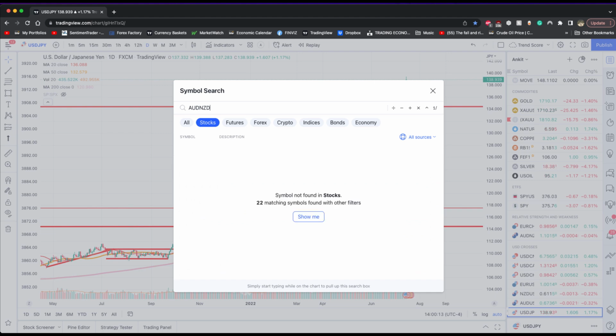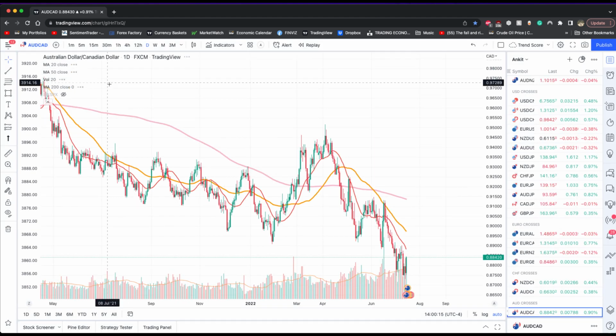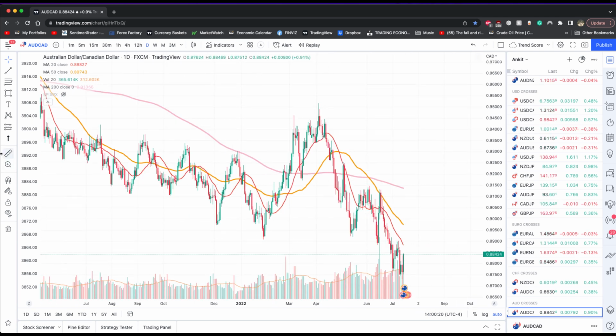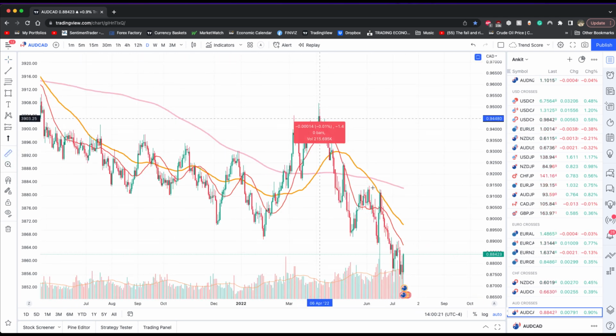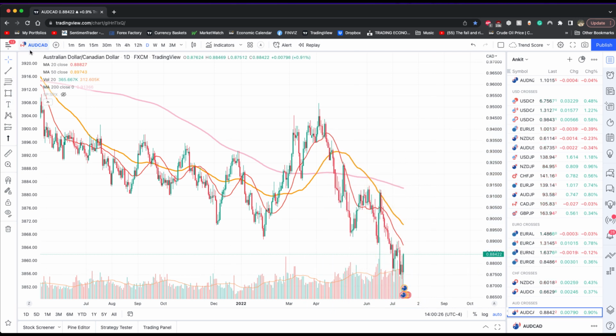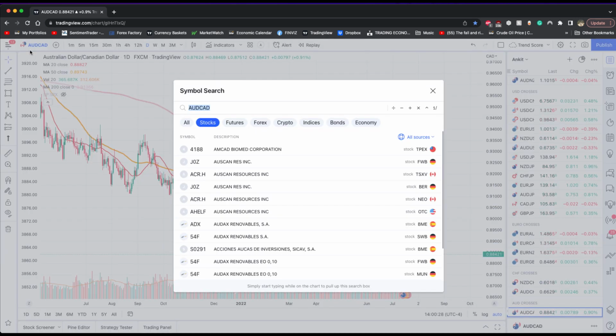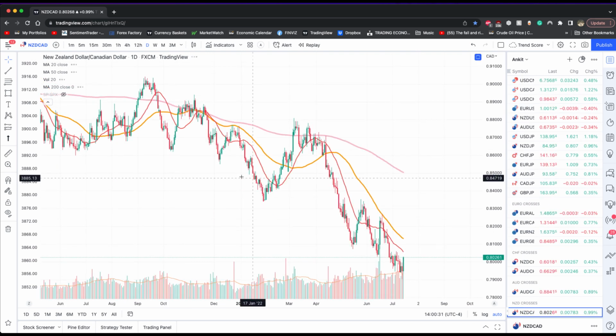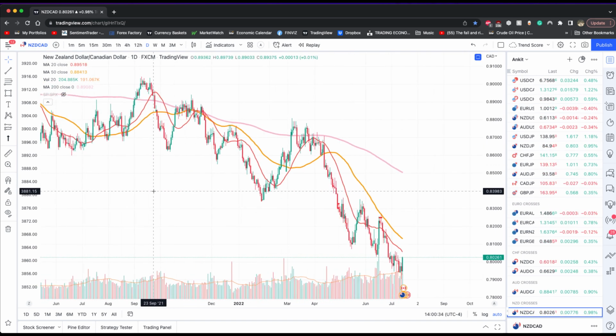Now, even if you take a look at CAD, let's pair CAD against other currencies like the Australian dollar. We can see there's been a massive outperformance from the Canadian dollar, and it's not just a US story. We are seeing the CAD do well across the board. Kiwi CAD, same thing, has been outperforming a lot of the other currencies.